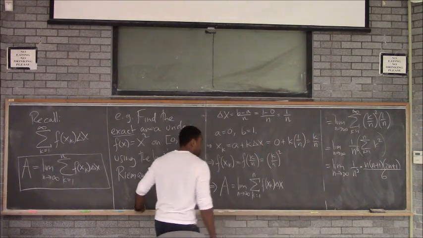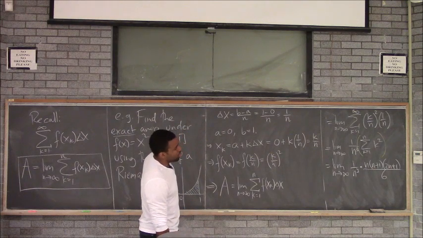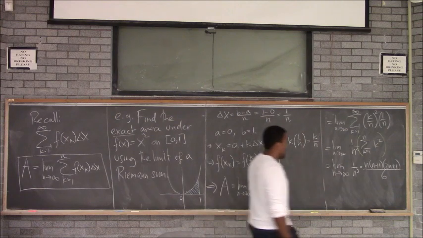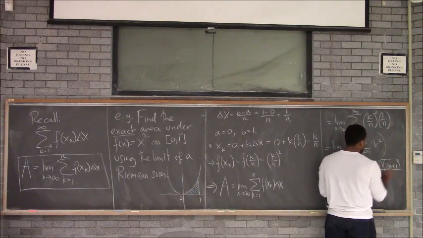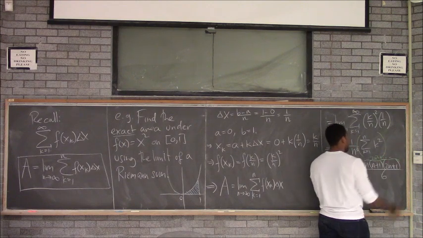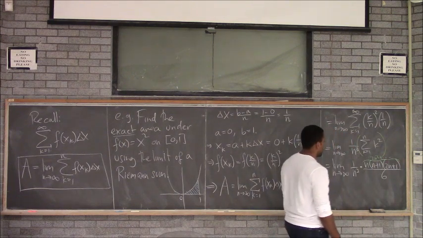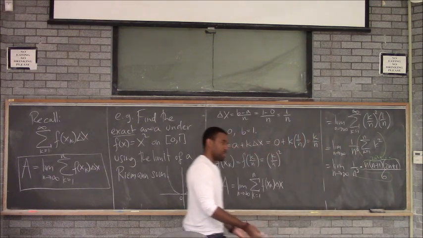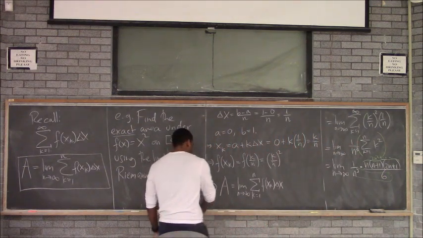Now, notice that we're taking the infinite limit of a ratio of polynomials, which we have a shortcut for. I don't care about any of these terms except the biggest one. This is going to be 2n cubed plus a bunch of stuff that I don't care about. And in the denominator, I have 6n cubed. So because the highest power is the same on the top and the bottom, we take the ratio of the coefficients.